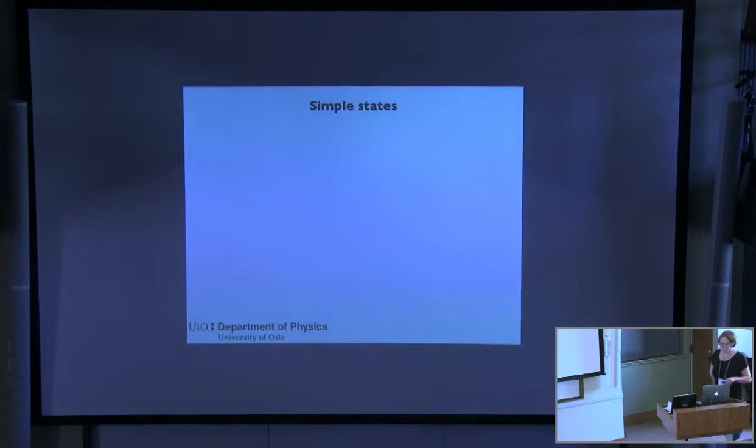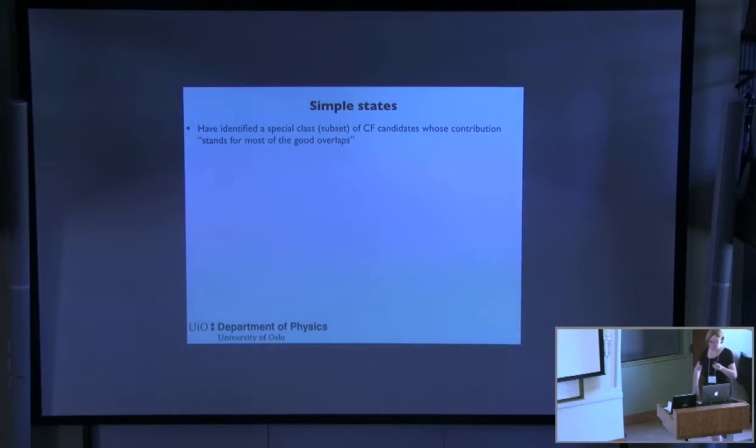And one observation is you can reduce the number of basis states without losing very much by identifying a subset of these composite fermion candidates whose contribution turns out to account for most of the good overlap. So the others aren't really that important.